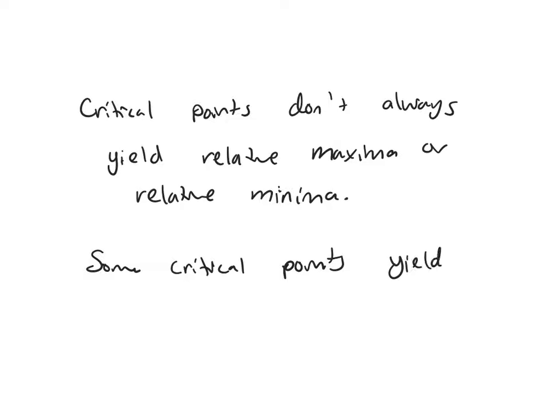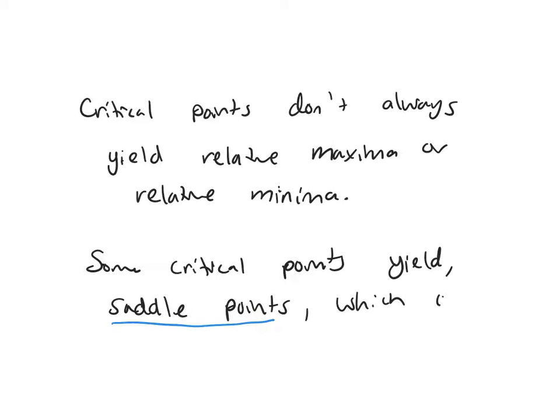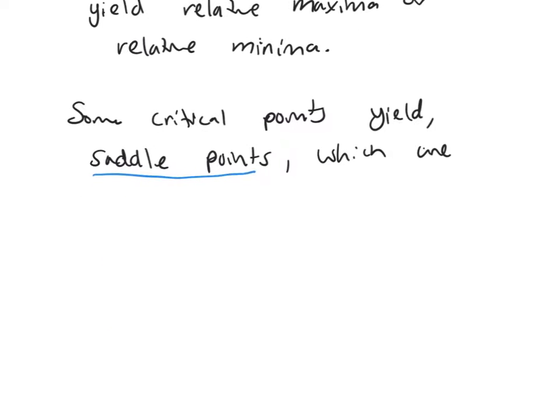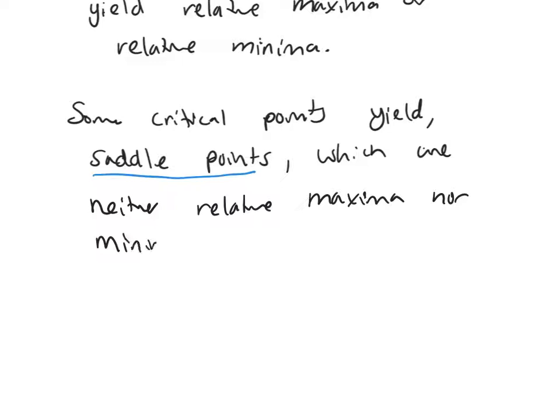And I'll mention that in our case, we have some critical points that yield what are called saddle points, which are neither relative maximum nor minimum. So you should look in your book.